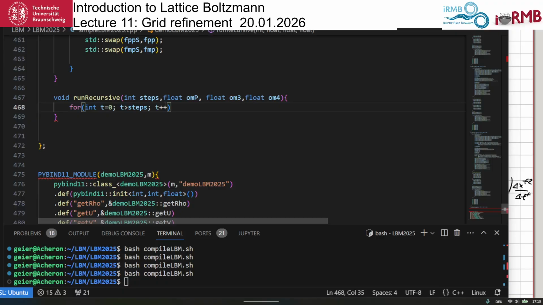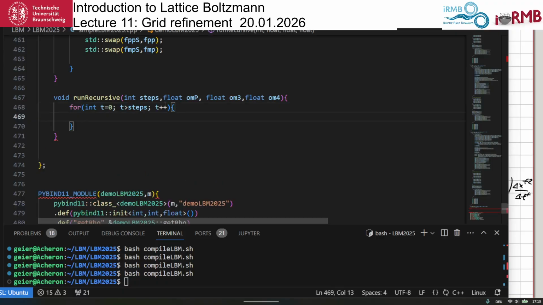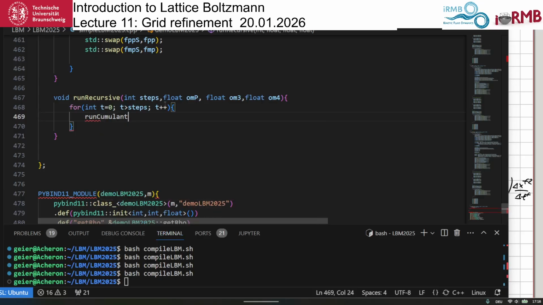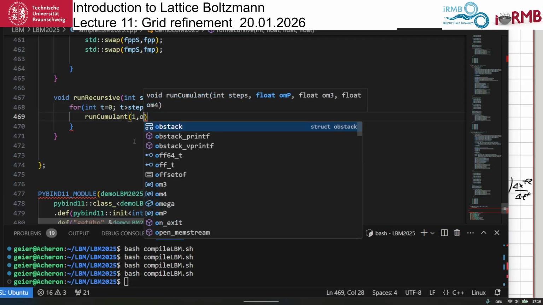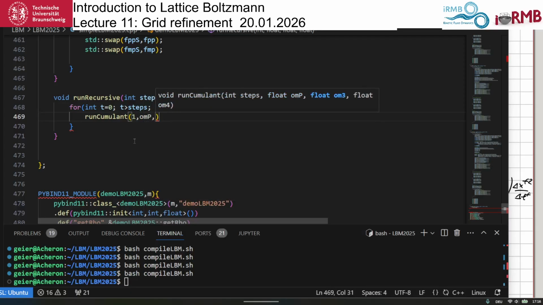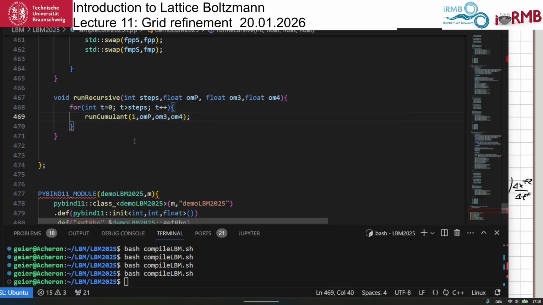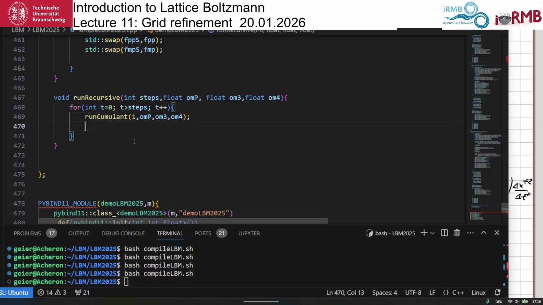Okay, and do the time loop. What happens in the time loop? In the time loop, we have run, say, cumulant for one step and ohm p, OHM3 and OHM4. Yeah, this is what we obviously would do.